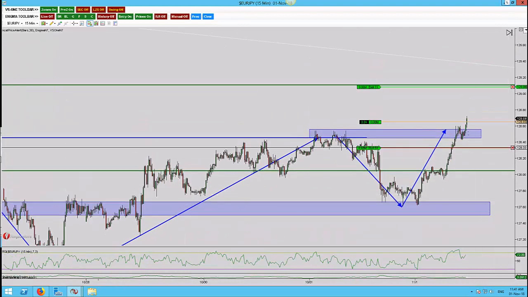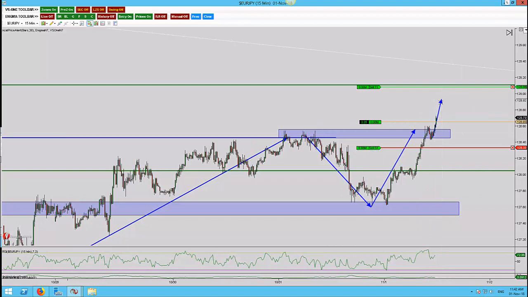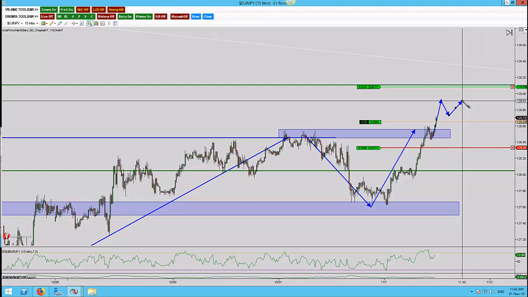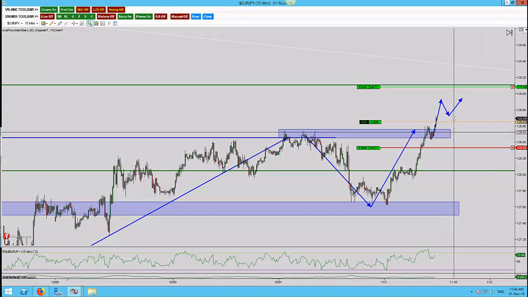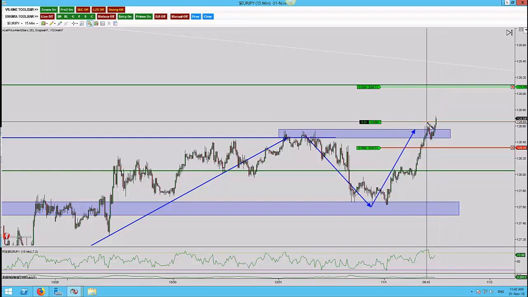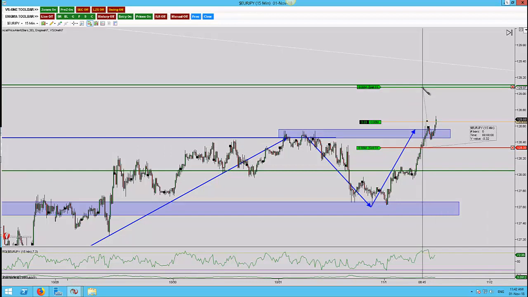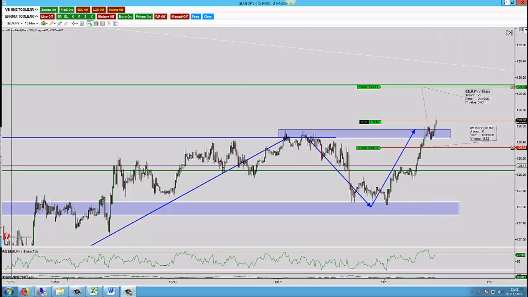So what will happen here is if we are able to put in a new structure high and maybe a retracement and another one, I'll then be able to reduce down the risk on this trade. But currently we have a risk here of 32 pips. Just to confirm, the reward of 43.